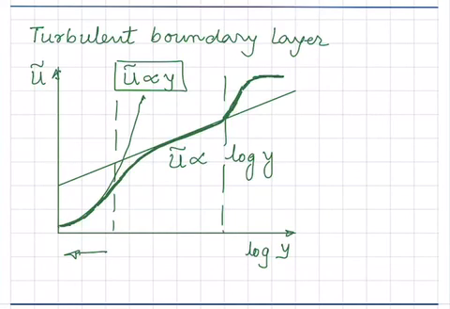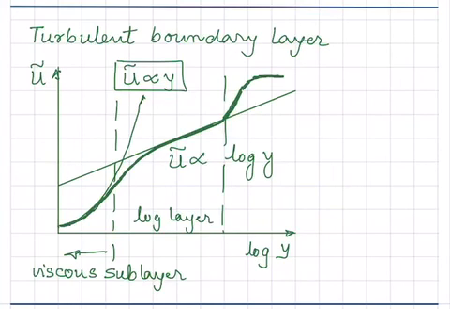The flattening part is the edge of the boundary layer. So now here comes the nomenclature. The region where u is proportional to y is called the viscous sublayer. The middle part is called the log layer, and the last part is called the outer layer or the wake layer, wake region.